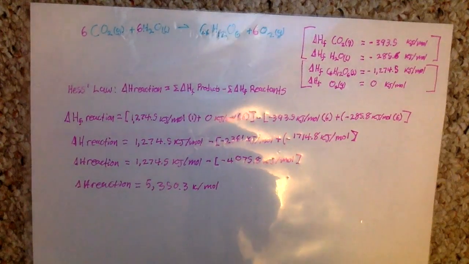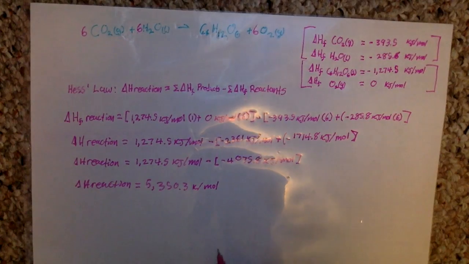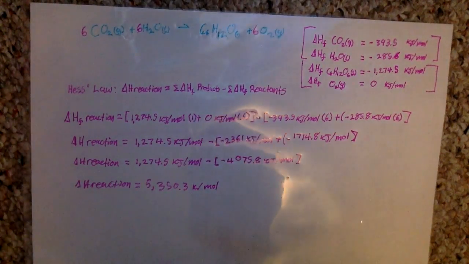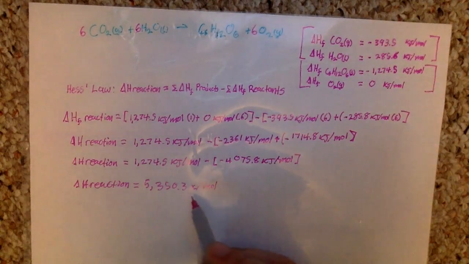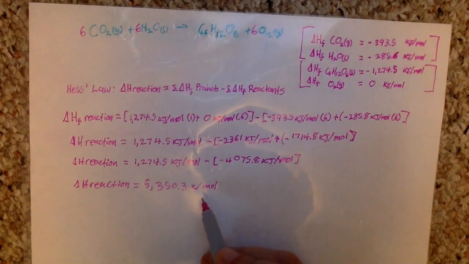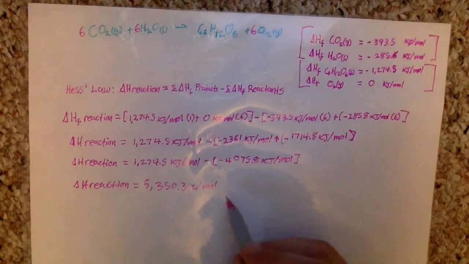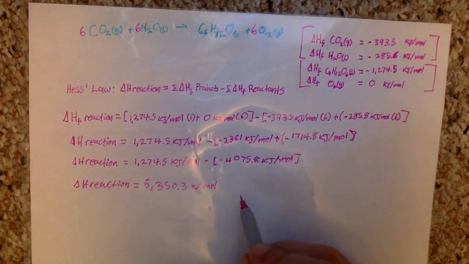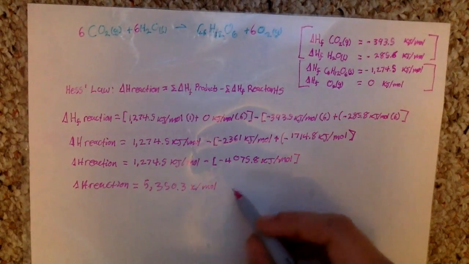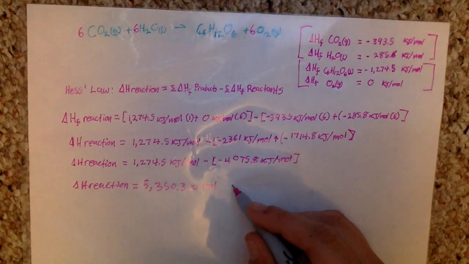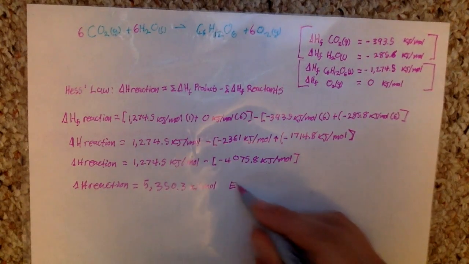And now here we are almost done, but we do have one more very important step. We are going to check our answers. And so here we know that because this is a positive value, it takes energy to make this reaction happen. You have to put energy into it. And so this, we know, is going to be an endothermic reaction.